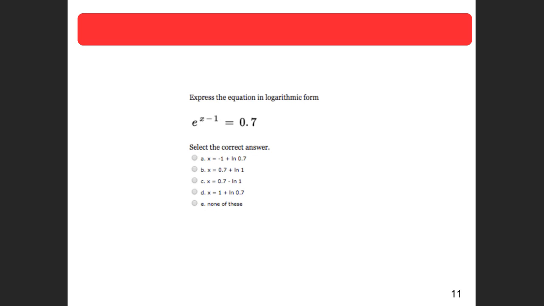When there is an e as the base, when I rewrite this problem, I would do it like I normally do. I would go log base e of 0.7 is equal to x minus 1. But log base e is natural log. So that would be natural log of 0.7 is equal to x minus 1. So if I add 1 to both sides, I'd end up with natural log of 0.7 plus 1 is equal to x.